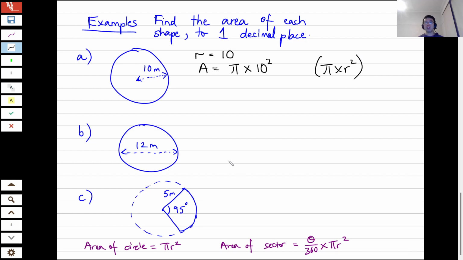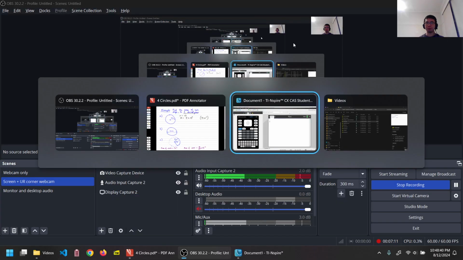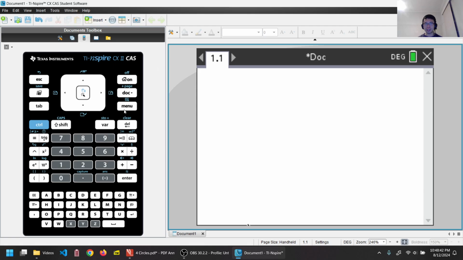Okay? So at this point, my answer involves pi, and I have asked for rounding to one decimal place. For anything involving a circle, I have to use a calculator unless I leave my answer in terms of pi. So here's my calculator.